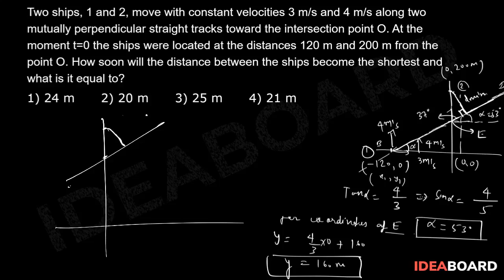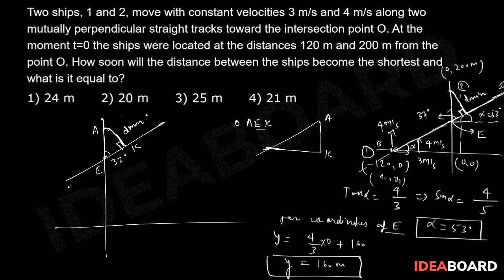This was the perpendicular, and this is the distance d minimum which we want to obtain, and this angle is 37 degree. So clearly let us say this was A, this is E, and this is let's say K.